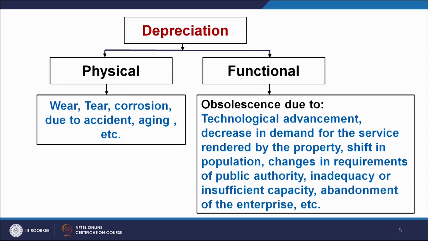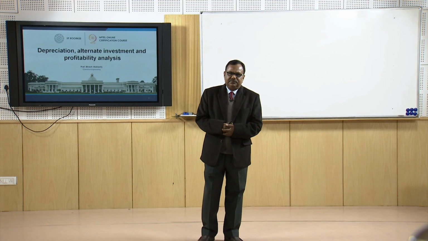Physical depreciation is due to wear and tear, corrosion, accident, aging, etc. But functional depreciation is due to technological advancement, decrease in demand for the service rendered by the property, shift in population, changes in requirements of public authority, inadequacy or insufficient capacity, and abandonment of the enterprise, etc.